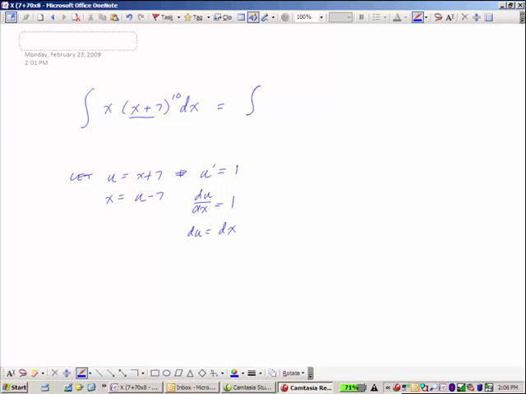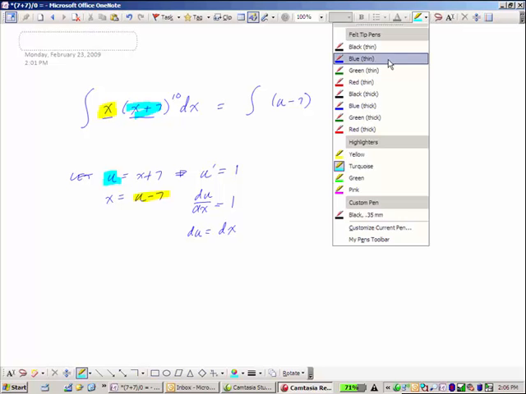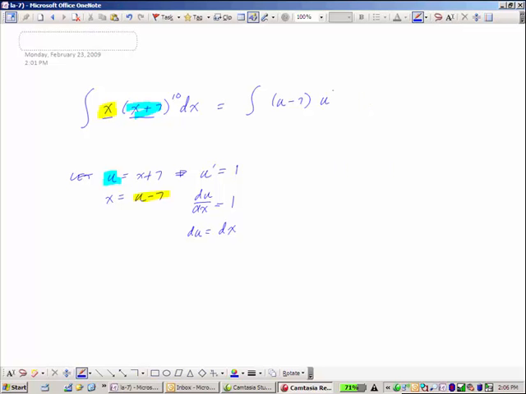So this problem is the same as, instead of x, u minus 7. And instead of x plus 7, u to the 10th.